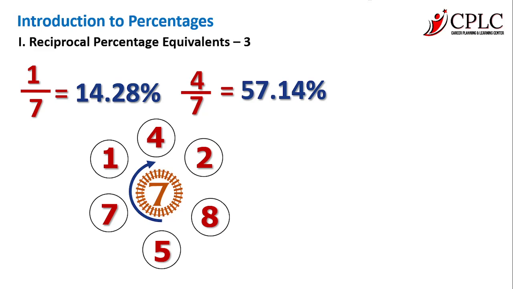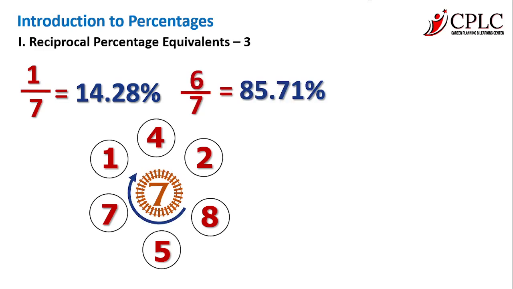So let's do 5 by 7 first. That is 1 by 7 into 5. 14 fives are 70. So we have to start from 7 and take 4 digits in the clockwise order, which is 7142, which is 71.42. And lastly, we can do it for 6 by 7 also. 14 sixes are 84. So starting from 8, we have to take 4 digits, which is 85.71.